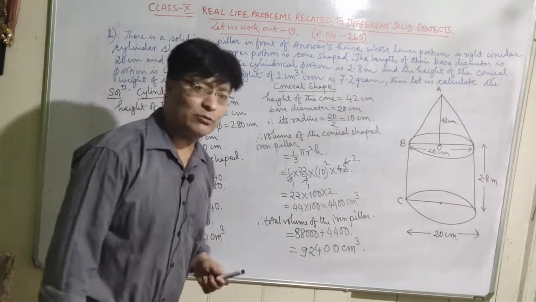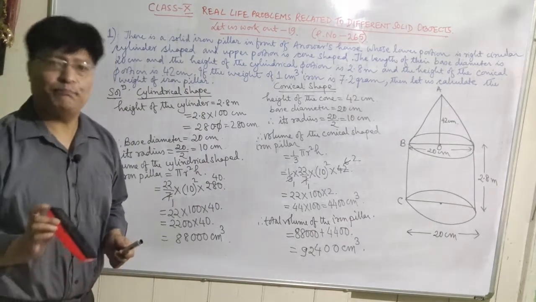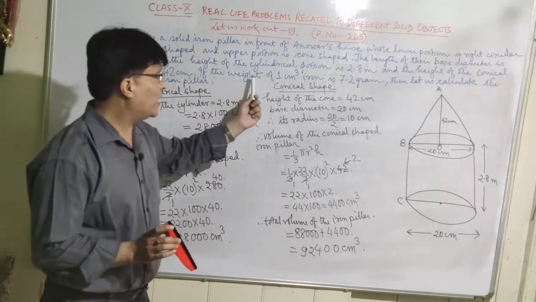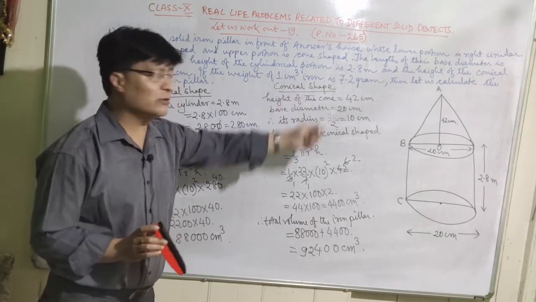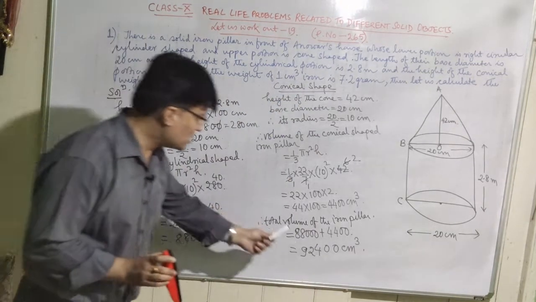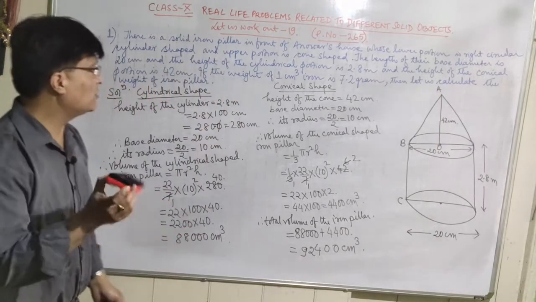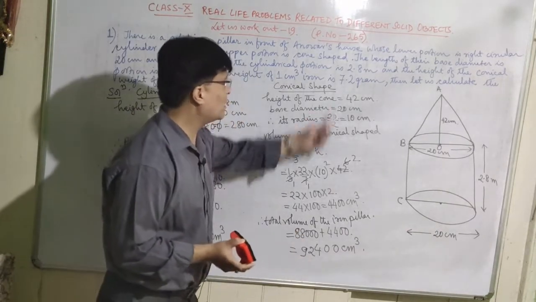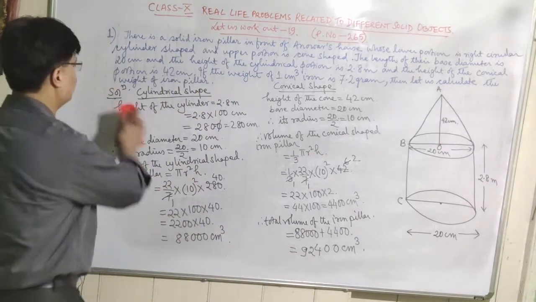Now you have to find out the weight of the iron pillar. Now in the question it is given that weight of 1 centimeter cube iron is equal to 7.2 gram. So what is the weight of 92,400 centimeter cube of iron? That is, this 92,400 should be multiplied by 7.2 gram.